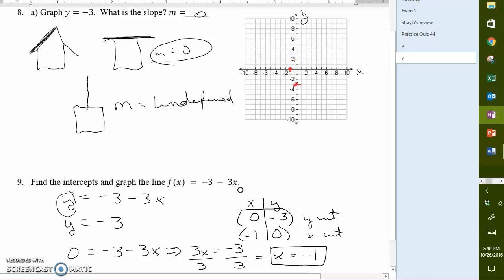And then we can draw a line through that, which you'll be able to do a better job of on the computer. But there we have a line, and we have just found the x and y intercepts and graphed it.